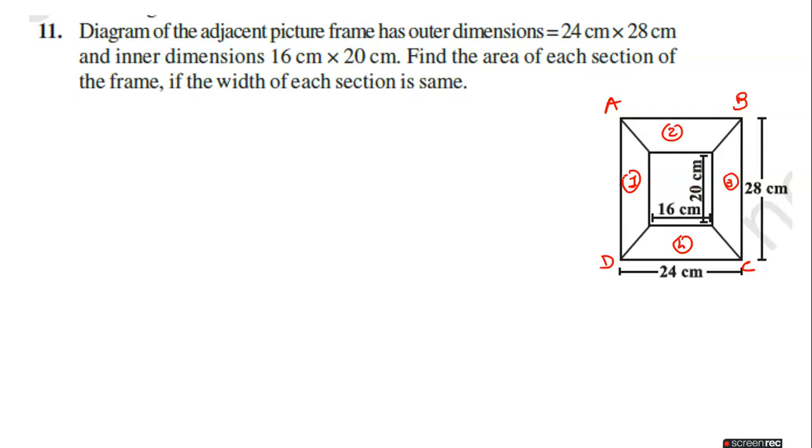So the one whose area we find, we will double it, that is 1 plus 3. As well as the second, we will find its area and double it, because 2 and 4 both are same, as well as 1 and 3 both are same. Up to here agree? Okay, clear for all.